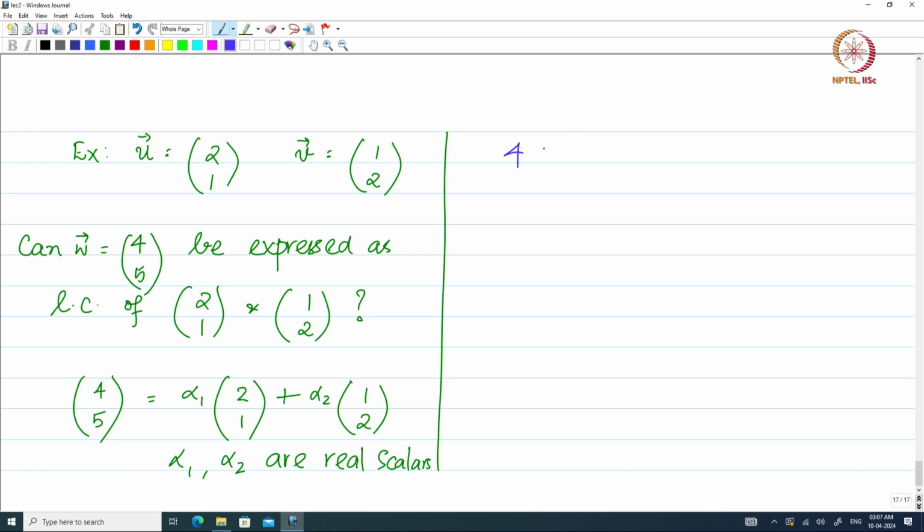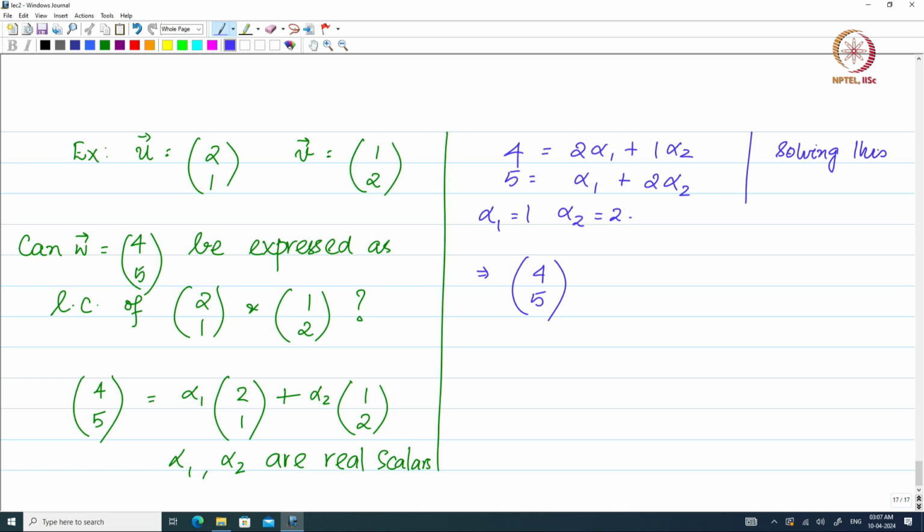So, what do we get? We get 4 is equal to 2 alpha 1 plus 1 alpha 2 and 5 is equal to alpha 1 plus 2 alpha 2. From the knowledge of solving systems of equations which we read in the previous lectures, this is a system of two linear equations in two unknowns, and we will be able to solve it.